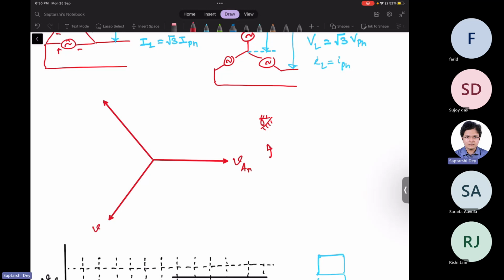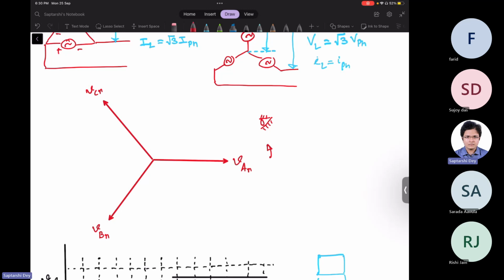So this has to be phase B, right? And this is phase C. So A phase voltage, B phase voltage, C phase voltage, we know.